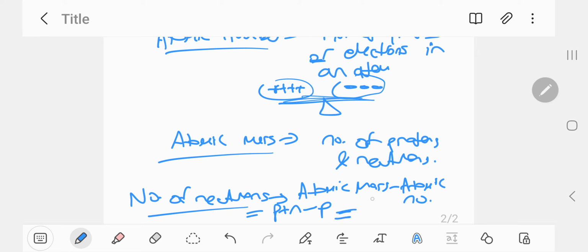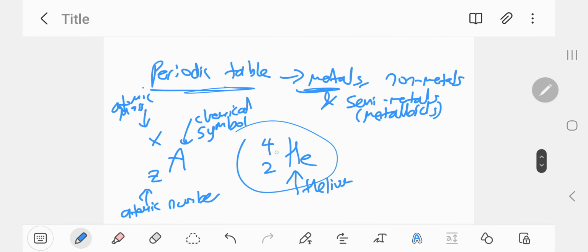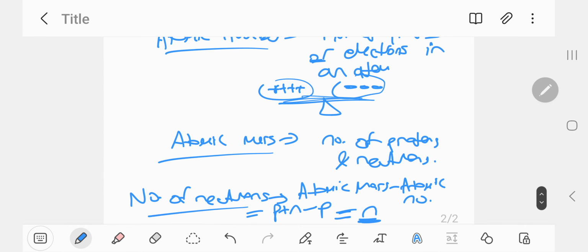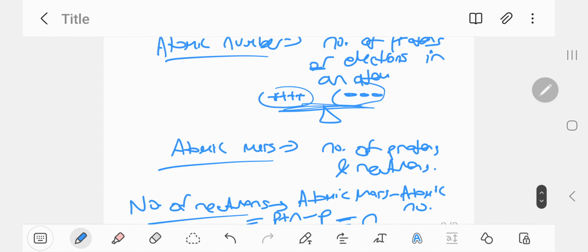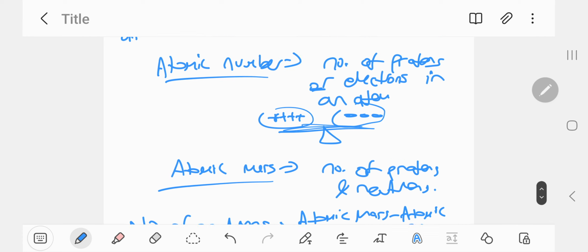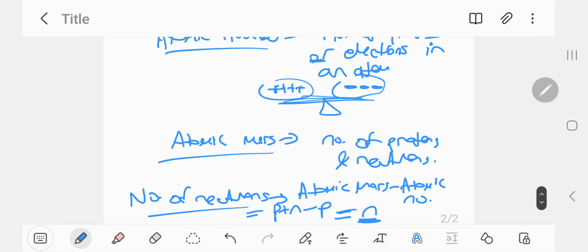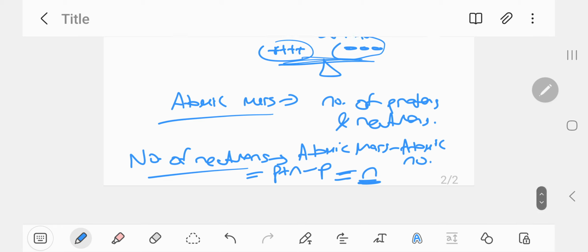Now from algebra, you know that P minus P is 0, right? So you're left with N. And N is the number of neutrons. So that's how you work out the number of neutrons in an element. So for helium, it's 4, the atomic mass, minus 2, the atomic number, you get 2 neutrons. And so that's the basics of the periodic table, how to work out things like atomic mass, atomic number, and number of neutrons.